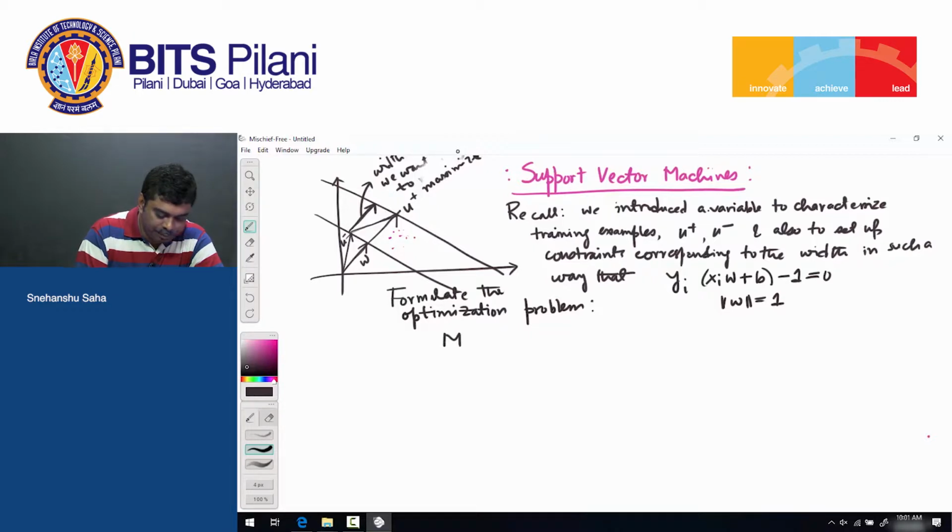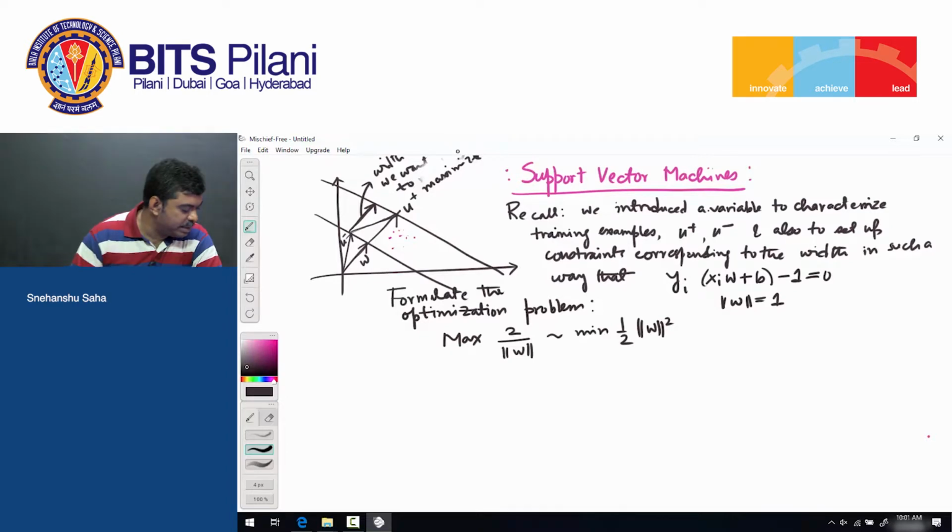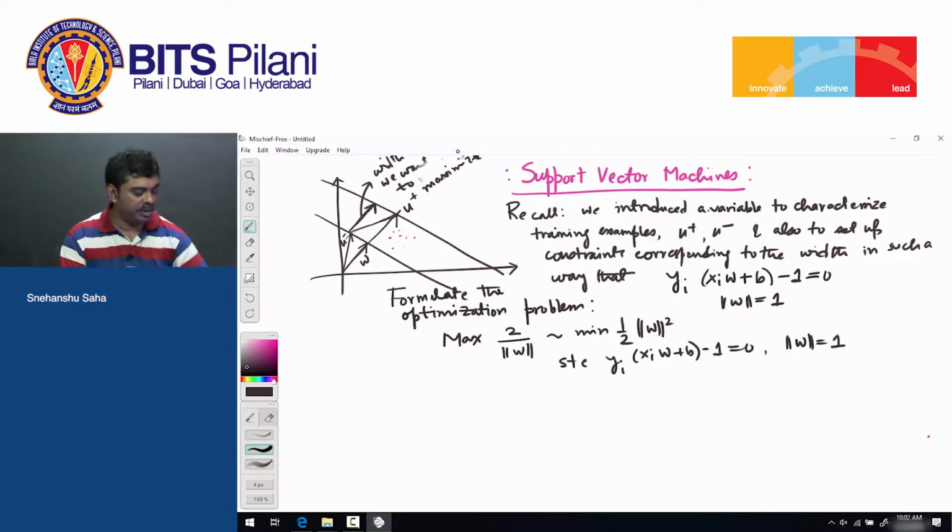So it is max 2 by norm of w, which can be written as min 1/2 w squared, sort of a dual, subject to the constraints on yi and the norm of w being 1. So this is the optimization problem that we set up.